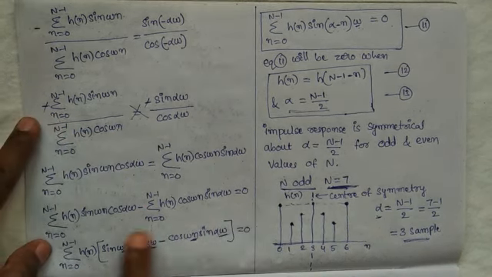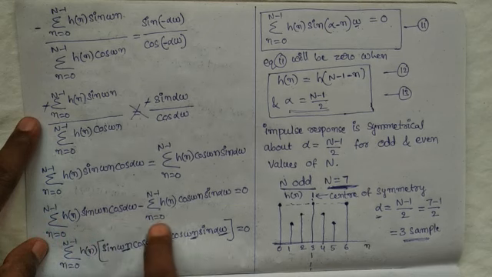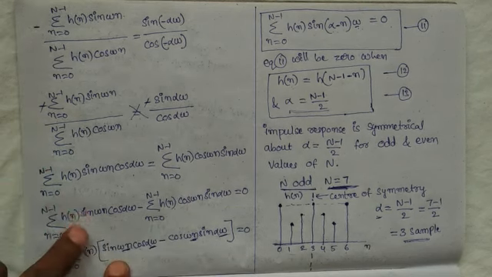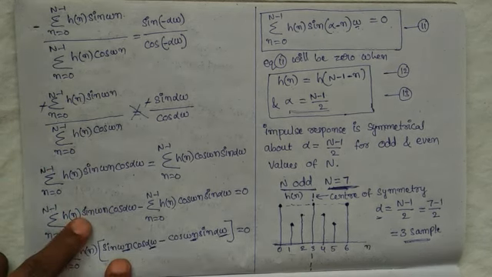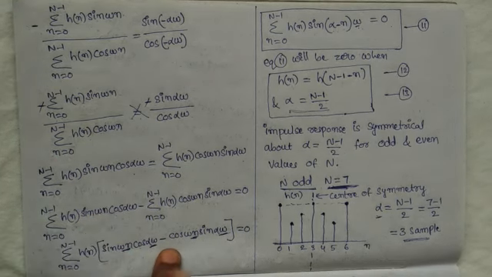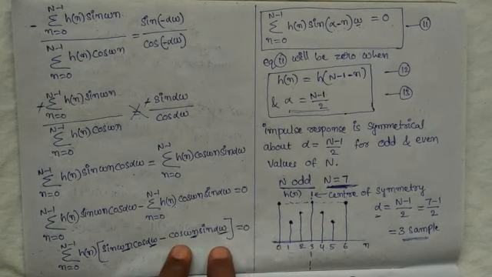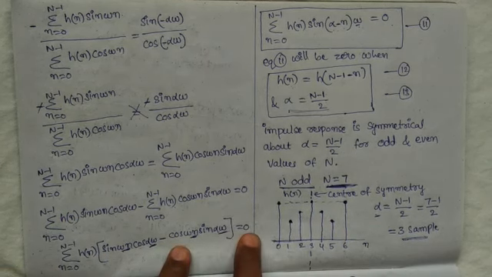In these two terms, common is summation n is equal to 0 to capital N minus 1 h of n. Here remaining term is sin omega n cos alpha omega minus cos omega n sin alpha omega is equal to 0.